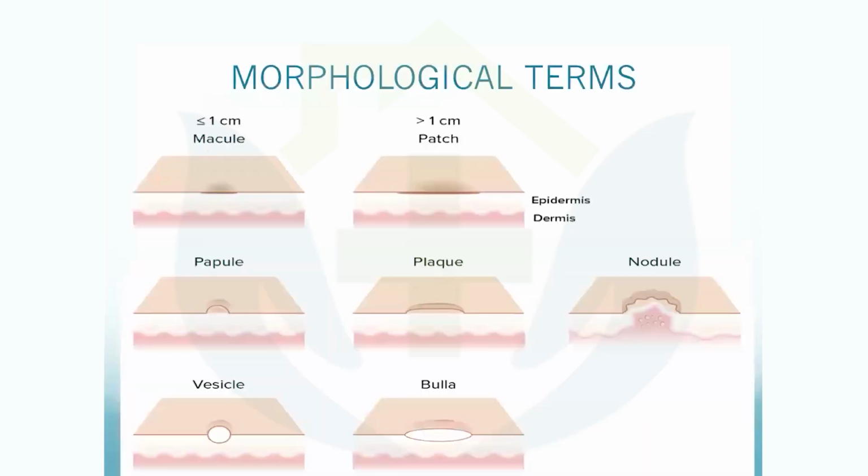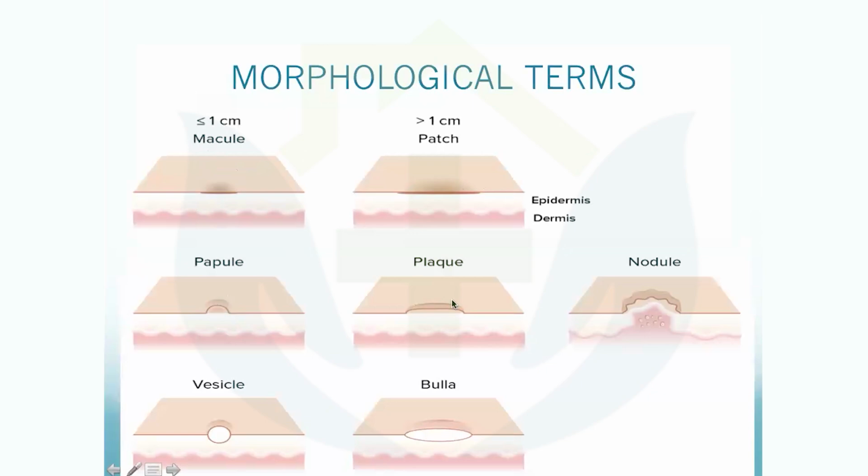You should also be familiar with these morphological terms. A macule is a flat lesion less than 1 centimeter, whereas a patch is a lesion more than 1 centimeter but not raised. A papule is a small raised lesion less than 1 centimeter.